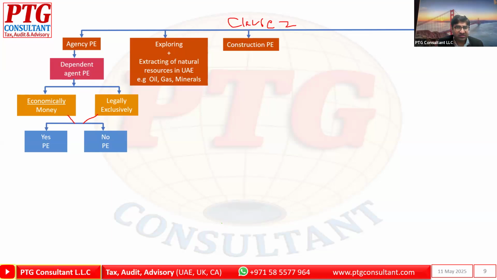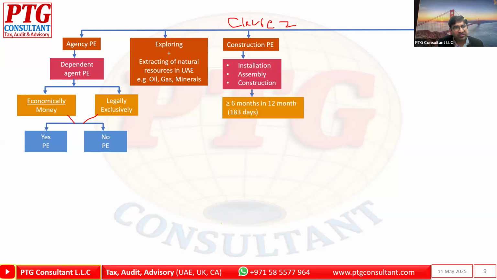Construction PE, as we just understood: installation, assembly, construction PE, more than 6 months in a 12 month period. Here the 6 month condition is 183 days, maybe we are familiar with that. Now we understand that if we are checking for construction or any type of PE, we have to check the DTA, because under double taxation agreements, different agreements with different countries may mention 9 months.